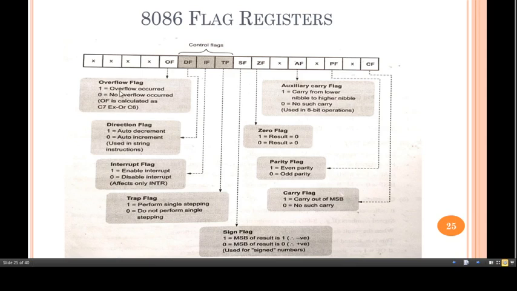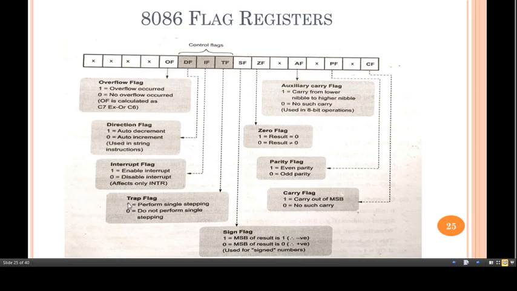If no overflow occurred, it is 0. So these are the six status flags: CF, PF, AF, ZF, SF and OF.